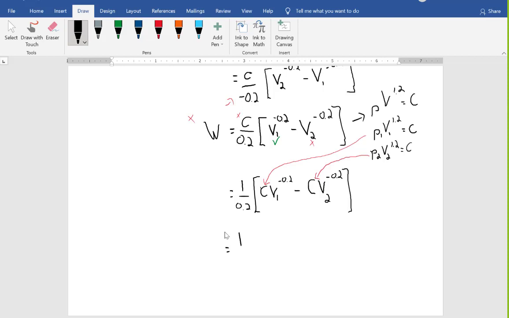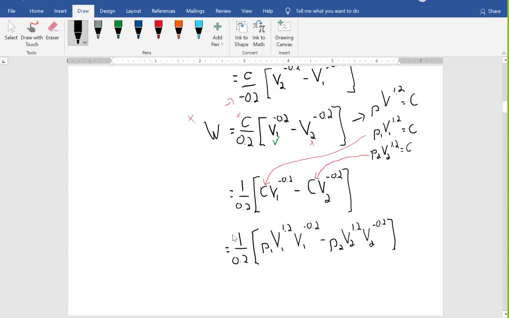So this is going to become 1 over 0.2, I could just put 5 there too if I wanted to, P1 V1 to the 1.2 times V1 to the negative 0.2, minus P2 V2 to the 1.2 times V2 to the negative 0.2.